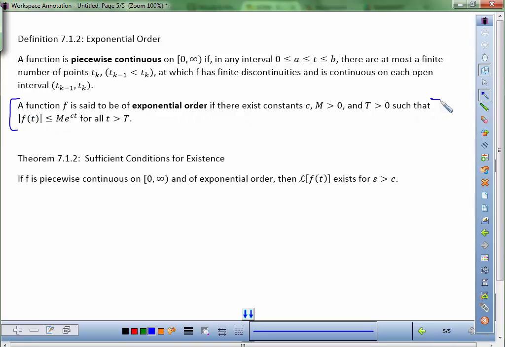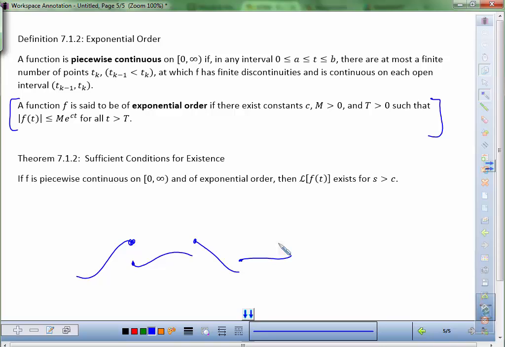A piecewise continuous function means it's continuous in pieces. You can have something that's even not continuous as long as the pieces that are here are continuous, and then that's an okay type of function to deal with.